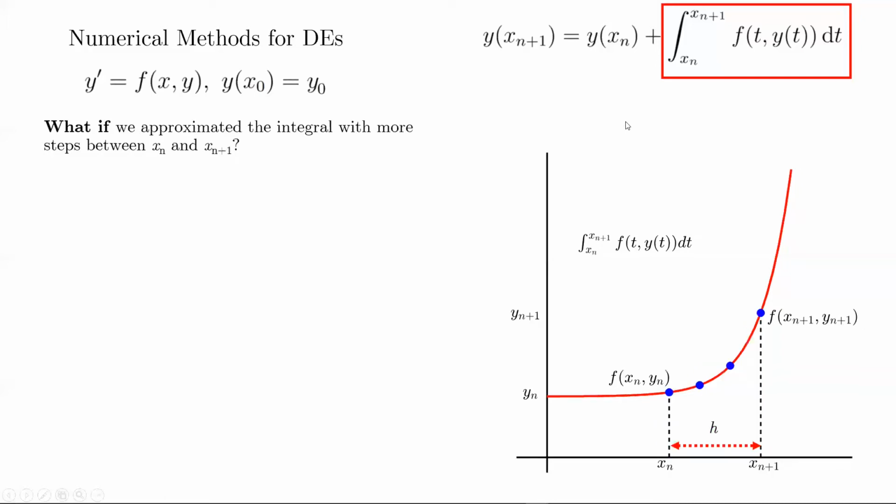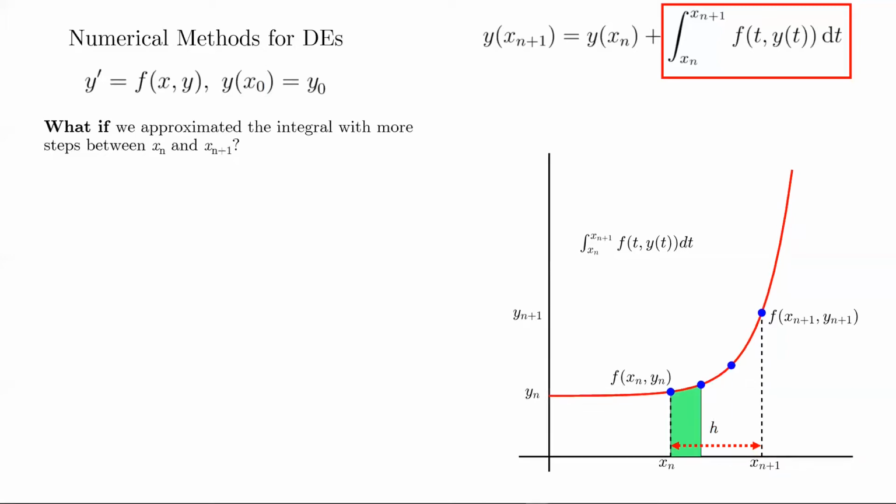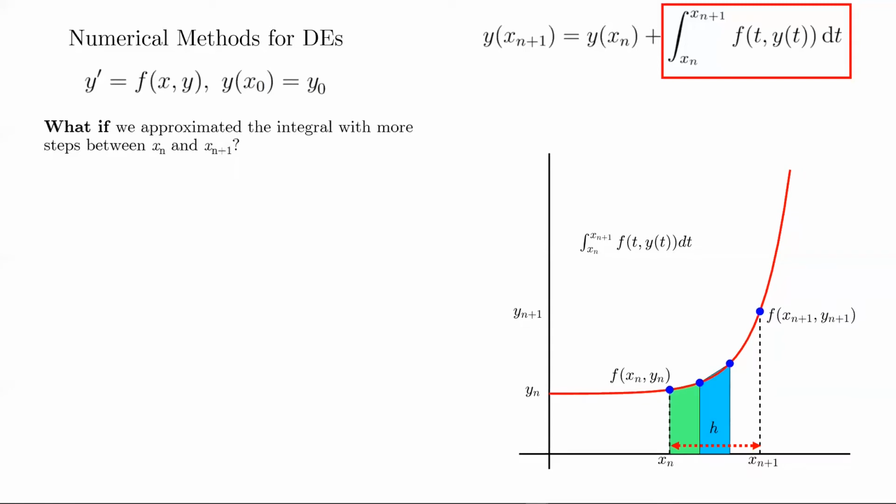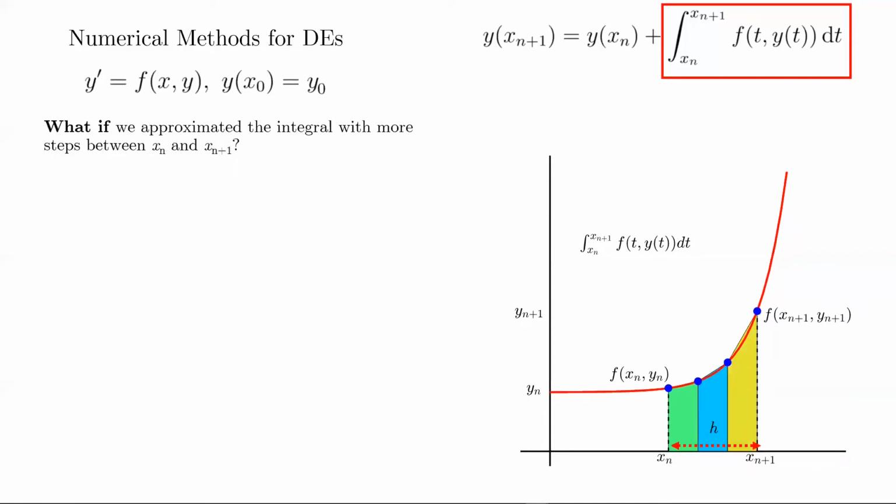What if we took multiple points between xn and xn plus 1 and calculated the area between each of these? So we get the sum of some areas here, in this case 3 parts. The width of each of these rectangles here is h over 3.